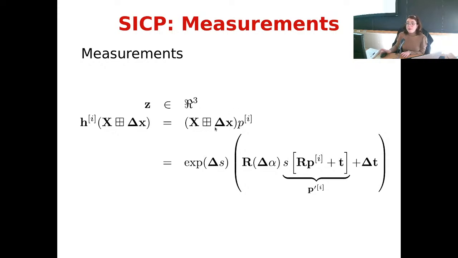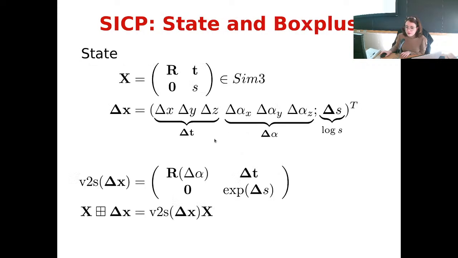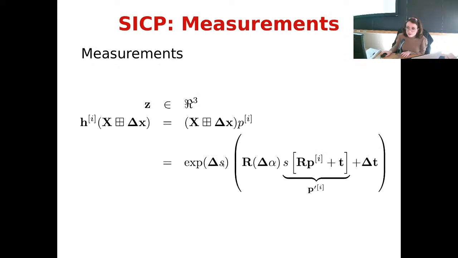Now, having defined x box plus delta x using the vector to similarity function as in the previous slide, you can easily derive this formula here, where x box plus delta x pi is equal to the exponential of delta s applied to R delta alpha pi prime plus delta t.